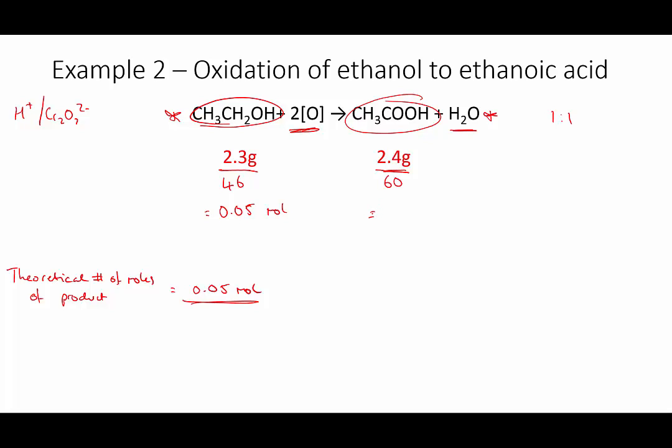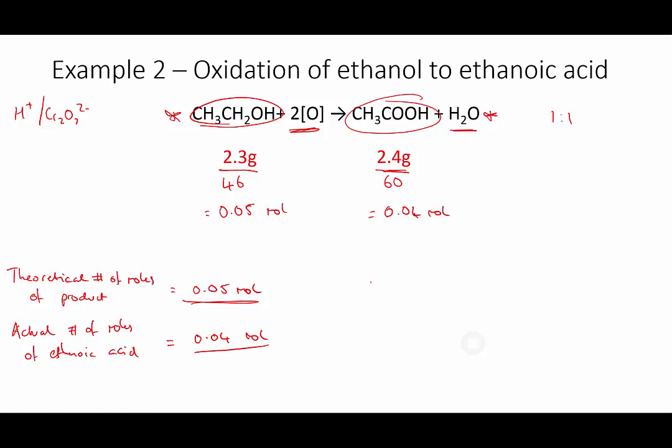Let's stick it into the calculator, and you should come up with 0.04 moles. That is the actual number of moles of ethanoic acid, which is of course the product.